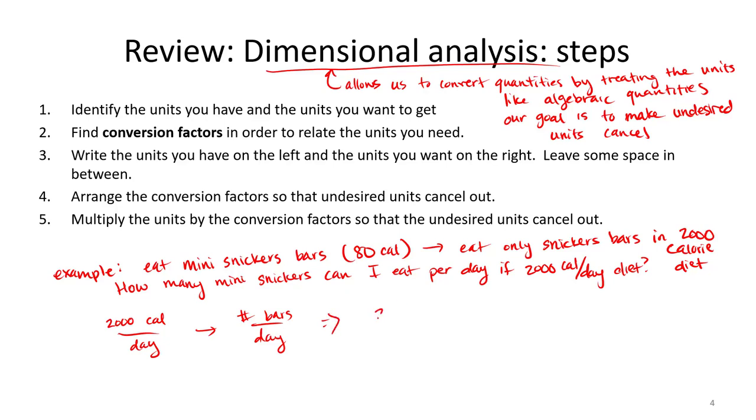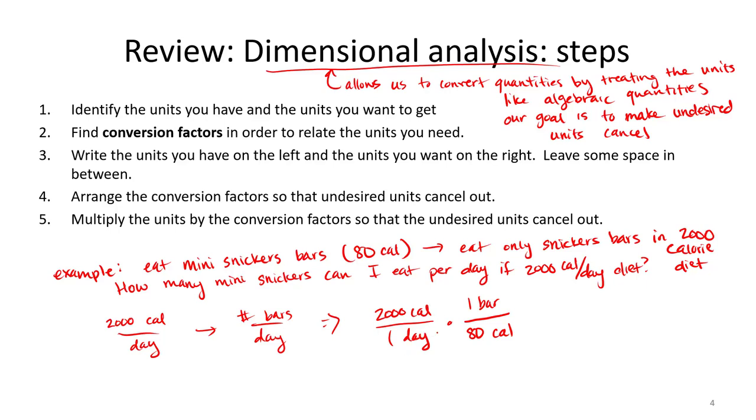So what I can do is say, okay, well, I have 2,000 calories per one day, and I want to get rid of calories. So I need to make a conversion factor where calories is on the bottom so that the units cancel. In this case, we know that one bar contains 80 calories.